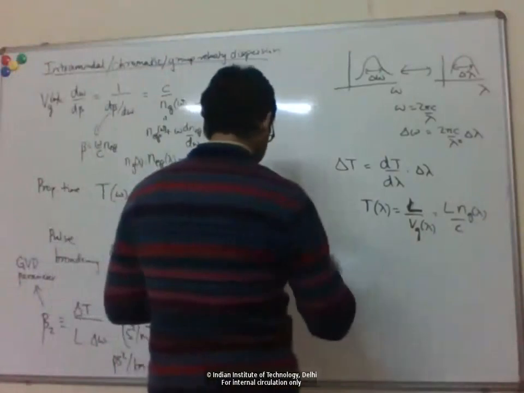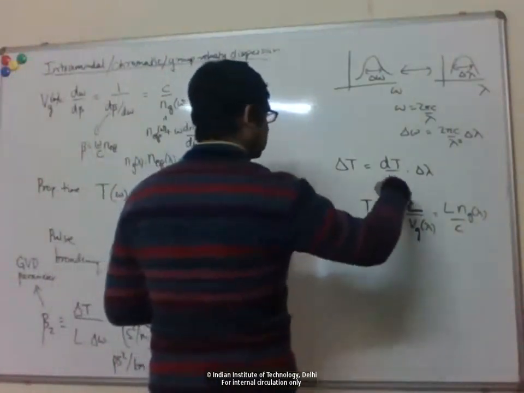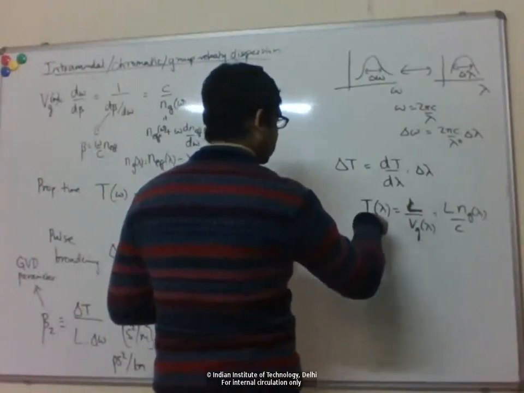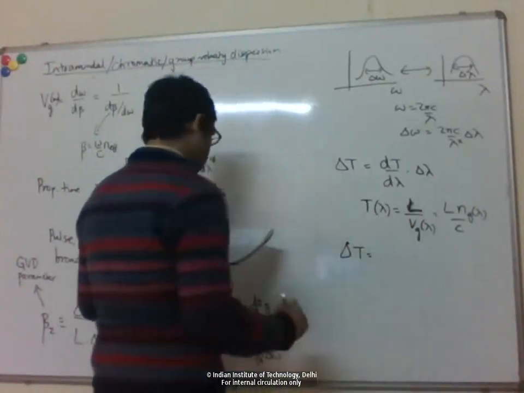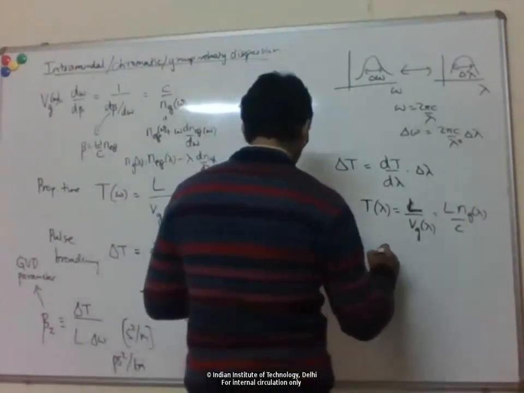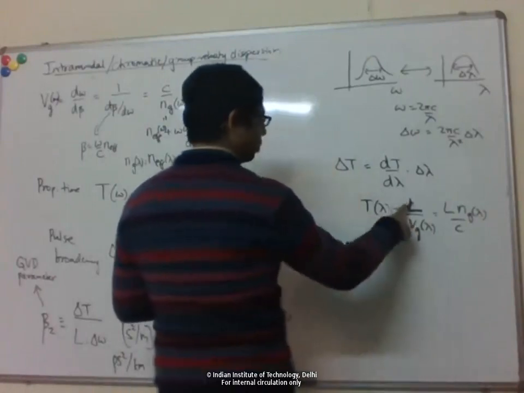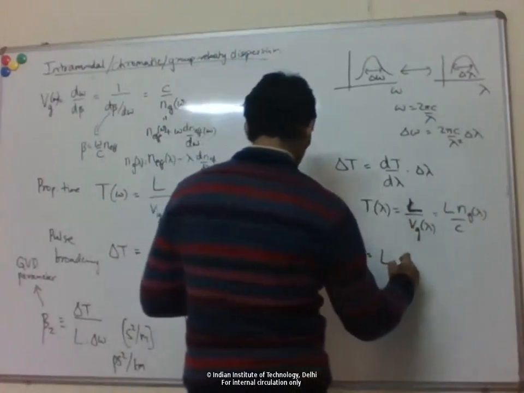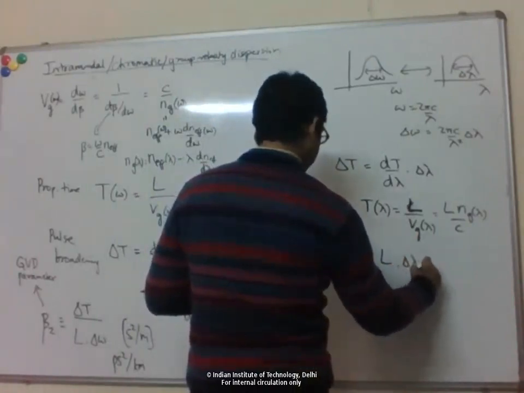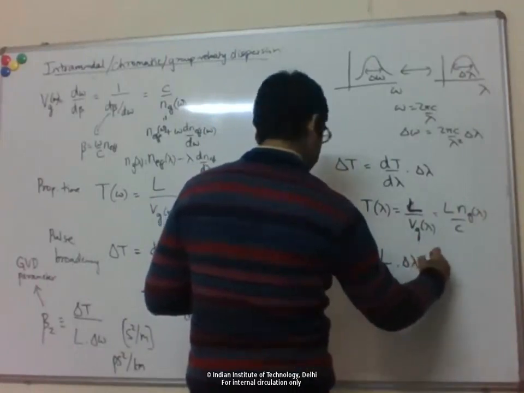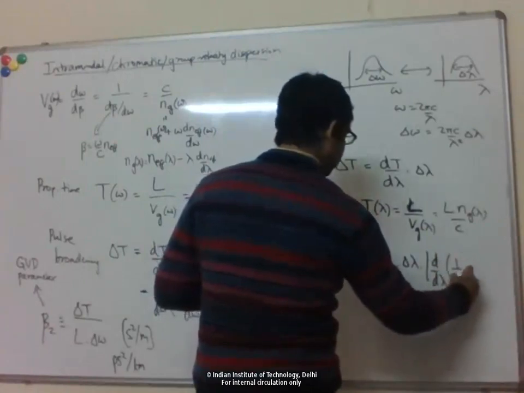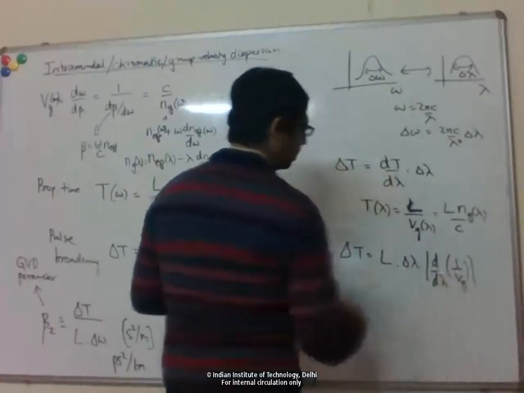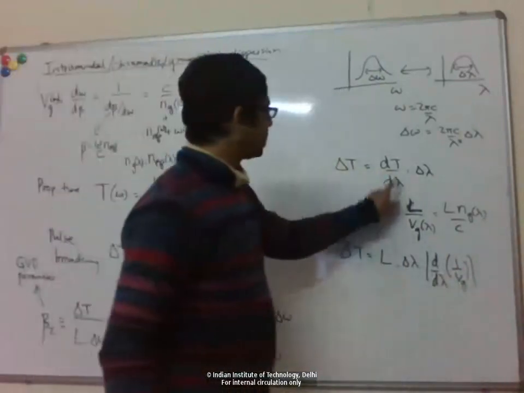So again, if we put this expression for T in here, then basically delta T we can write as, we put L over Vg here, so this becomes L times delta lambda times the derivative of 1 over Vg with wavelength. Right, so I just put L over Vg here.